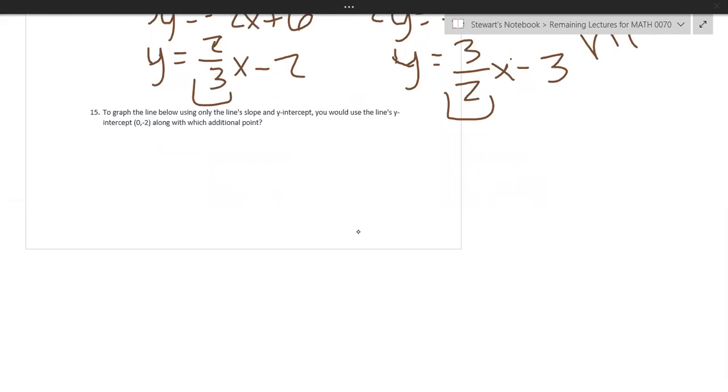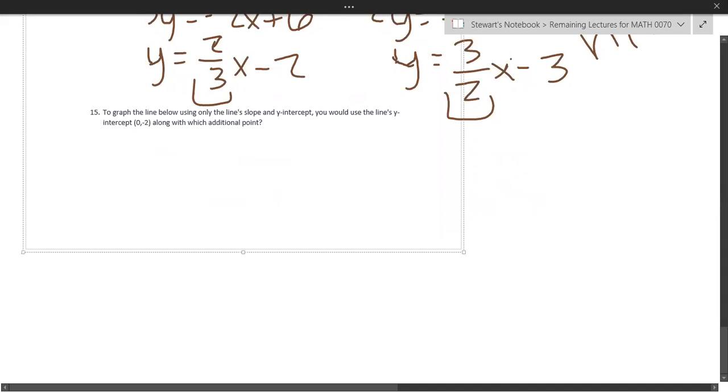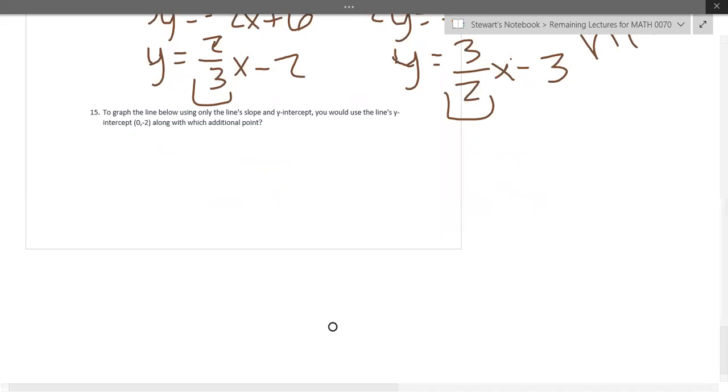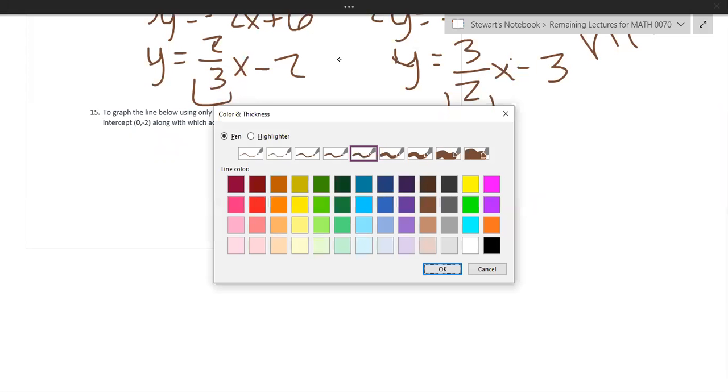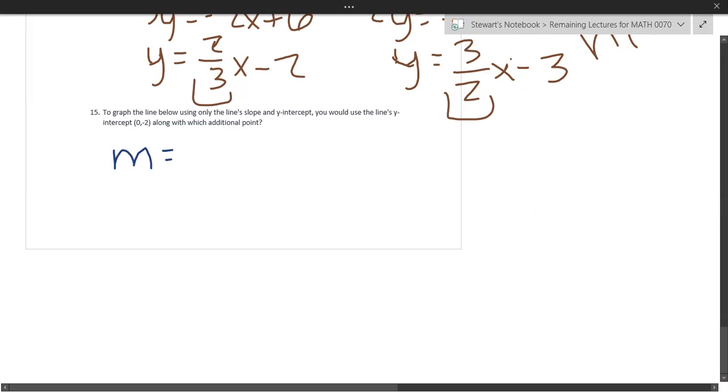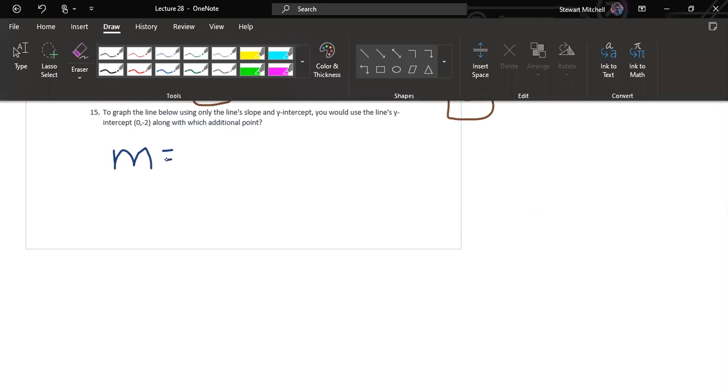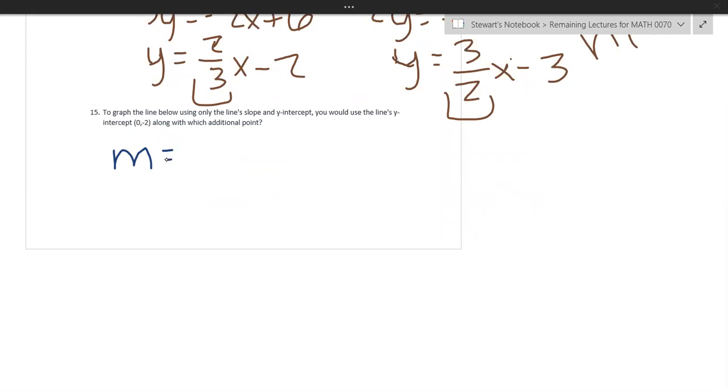Oh yeah, I'm sorry about that. That was not intentional, but the slope that they were going to give us was cut out of here. I have to double check to make sure I'm looking at the right thing. Okay, yep, that's what I thought. So the slope is supposed to be 3/4.